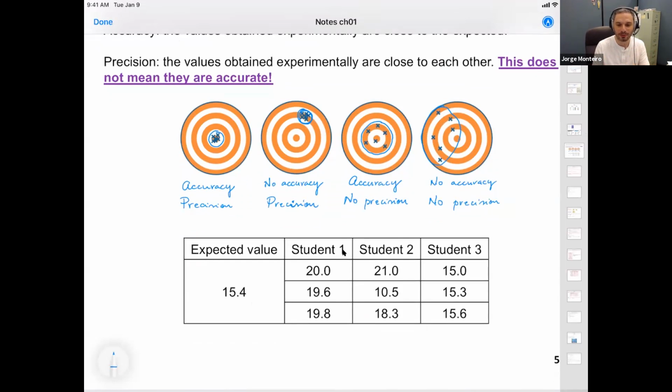So student number one does 3 trials, collects 20, 19.6, and 19.8. Student two, 21, 10.5, 18.3, and student three, 15, 15.3, 15.6. So what I want you to think about is to classify each student as accurate and precise. Okay, so let's take a minute to think about that, and then we will solve together.